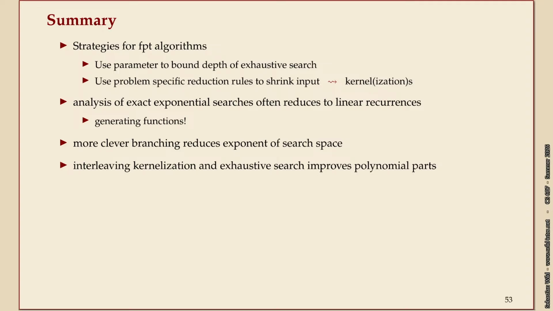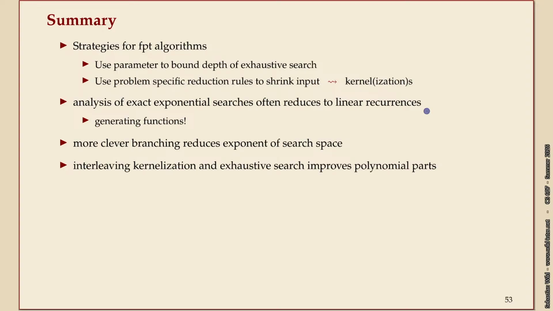A quick summary is what we've seen, the two strategies for designing FPT algorithms. One is the depth-bounded exhaustive search, where we use the parameter to truncate recursive calls. And the second was kernelizations, where we shrink the problem size using some reduction rules.